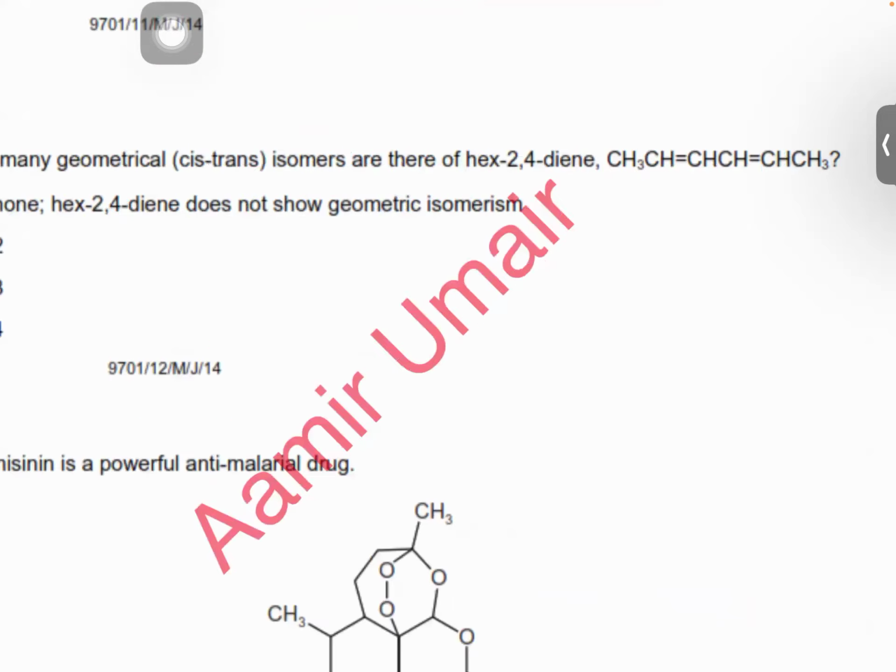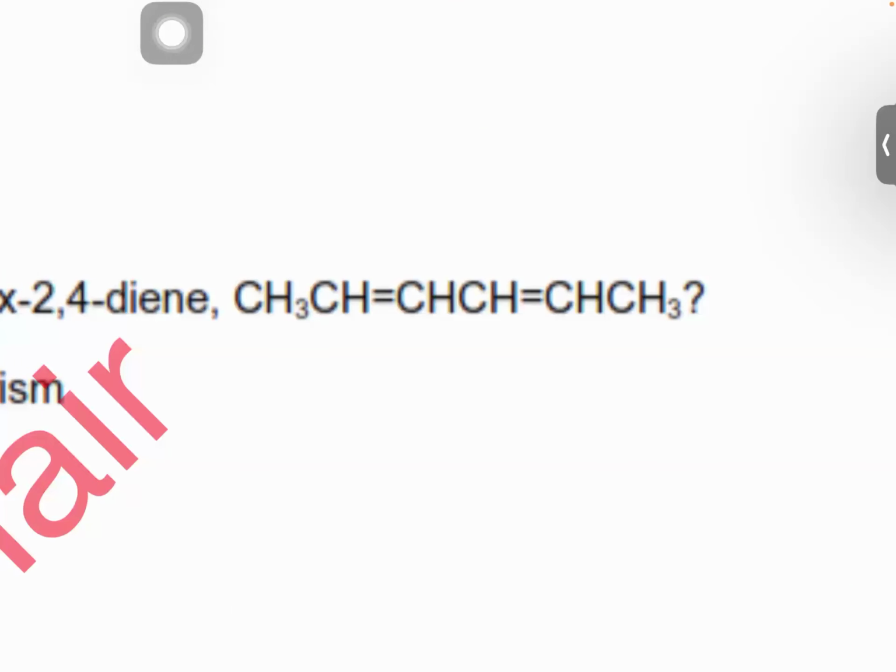Hexa-2,4-diene. Can you show me the cis-trans isomers? How many? Cis-trans. Okay. So let's see. Zero, no carbons. Cis-trans. Because there are no carbons.